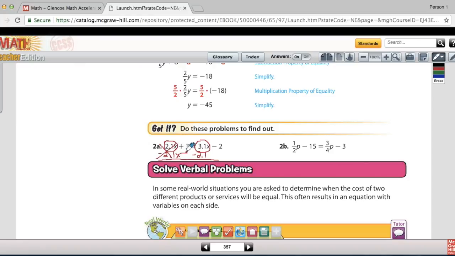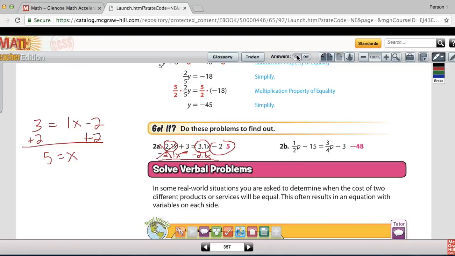So all I have left on the left side is 3 equals 3.1x minus 2.1x is 1x. And then that minus 2 is still there. To isolate the variable, I'm going to get rid of that negative 2 by adding it to both sides, and I get 5 is equal to x, or x equals 5. Okay? And I will just double check my work there. There's the 5.